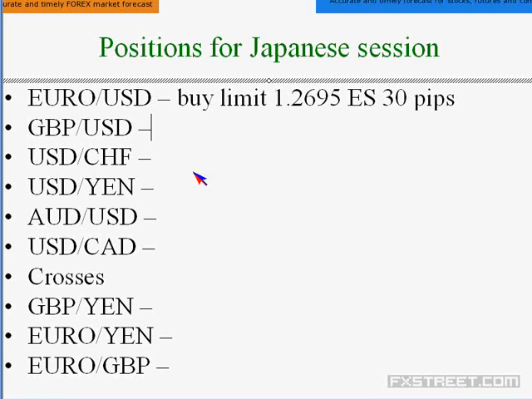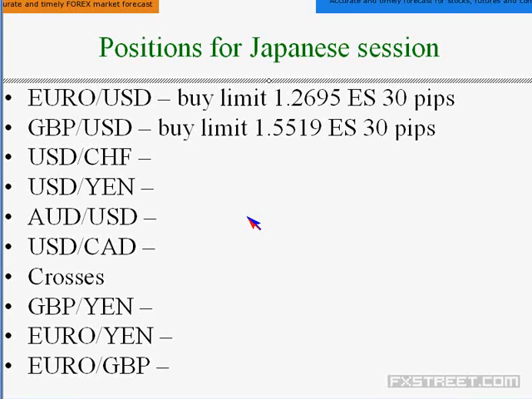Then similarly, in the case of GBP, 1.5517 is the low. So I'll keep a buy limit order at 1.5519 with an entry stop of 30 pips. Why 30 pips? Because normally when they make the swing, it comes to about 15 to 23 pips on the upside and the downside, inclusive of the spread in a currency.